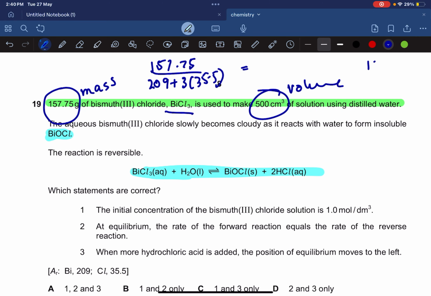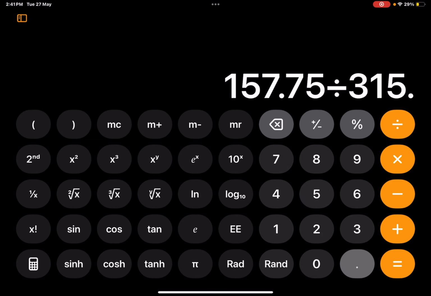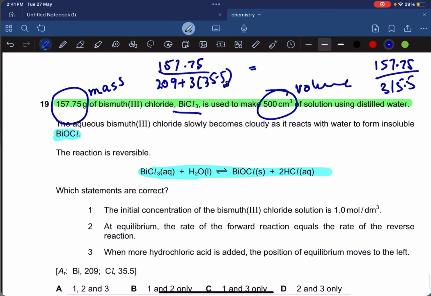So 157.75 divided by 315.5, that gives me 0.5 moles.